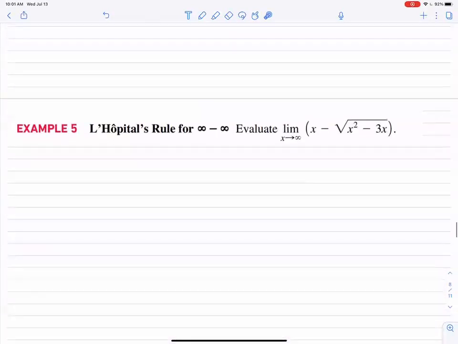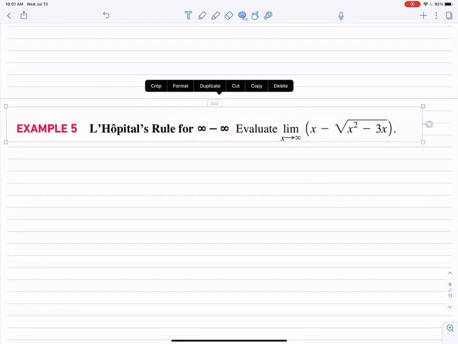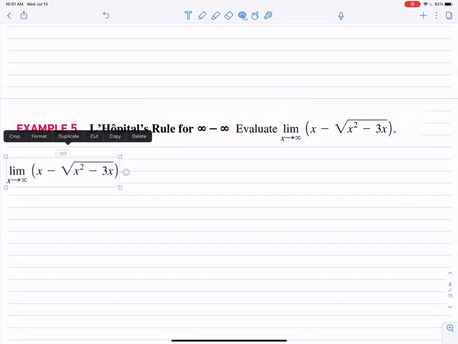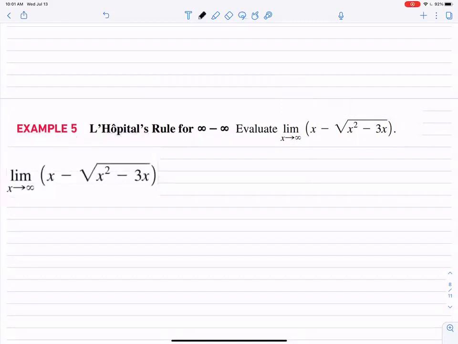And so here's another one where we have to rewrite it. And so if we just try and evaluate it, so just plug in.